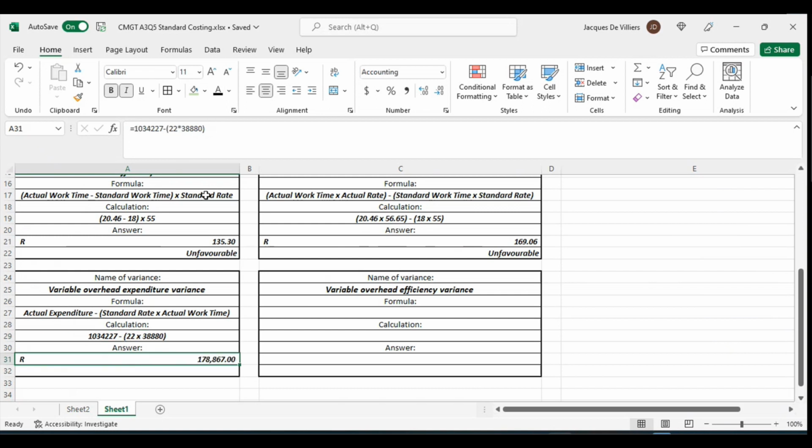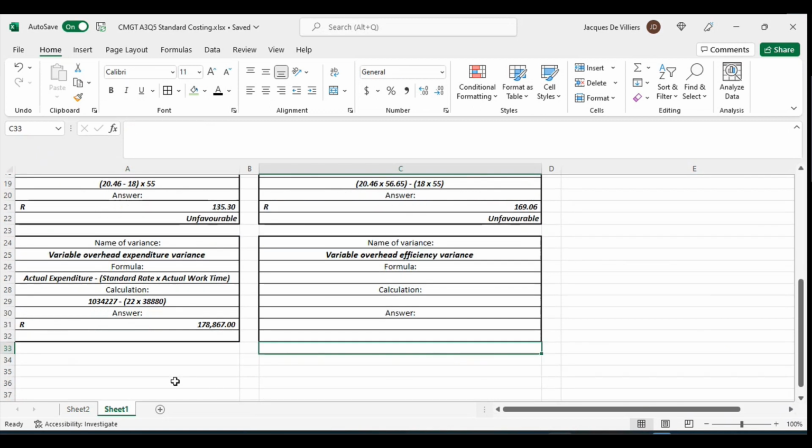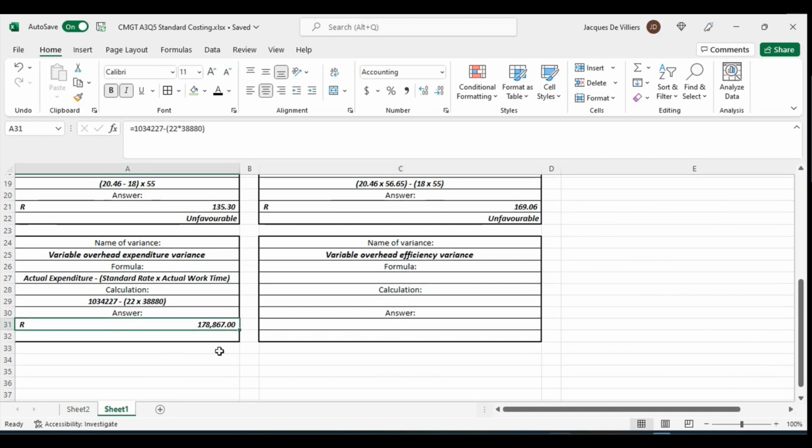So if I calculate that, I see that my total variable overhead expenditure is a full 178,000 Rand more than I expected. Well, why? I'm just saying there were cost increases that I under-budgeted for. And so once again, it is unfavorable.